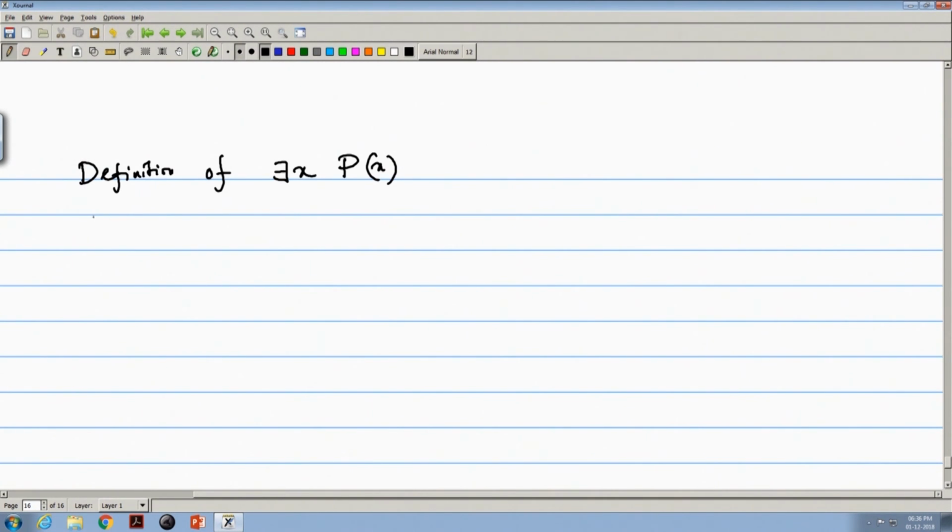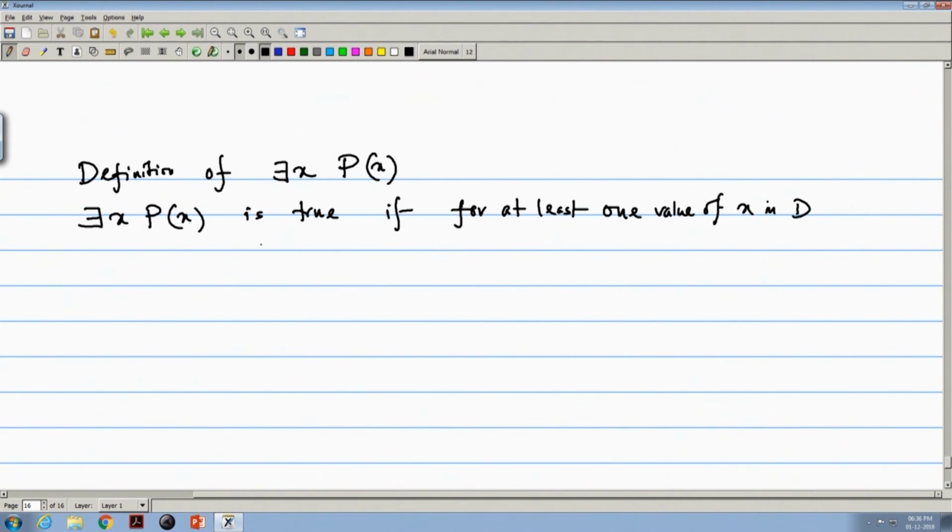There exists x P(x) is true if for at least one value of x in D, P(x) is true, and false when for all values of x, P(x) is false.